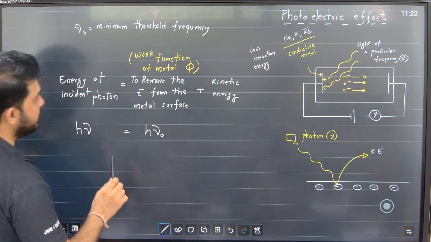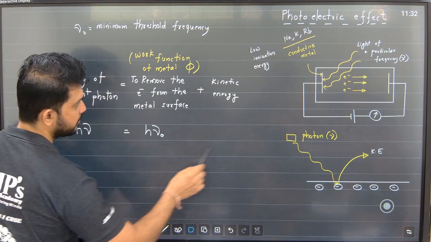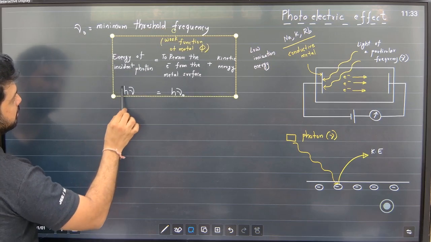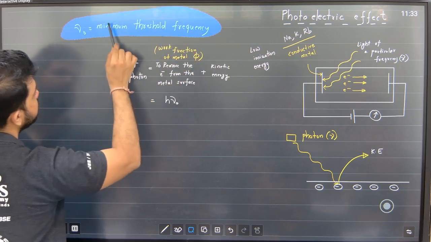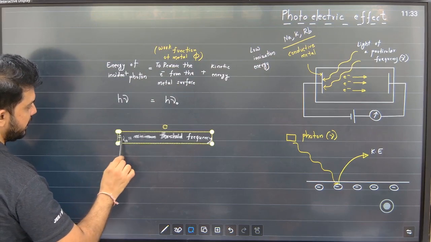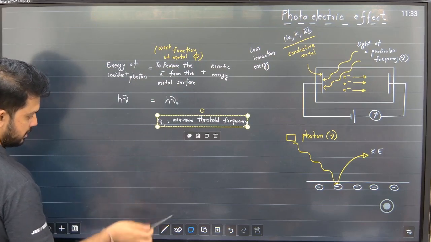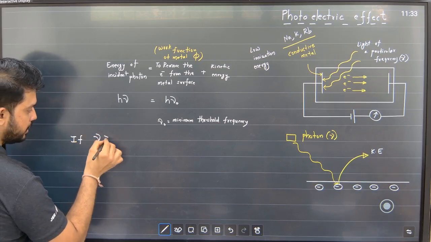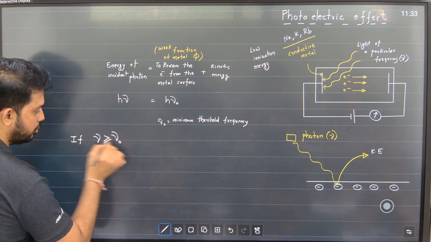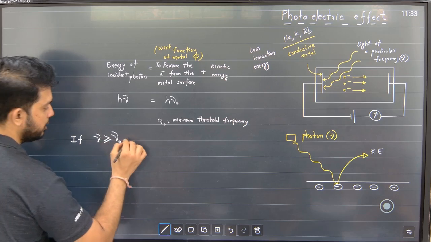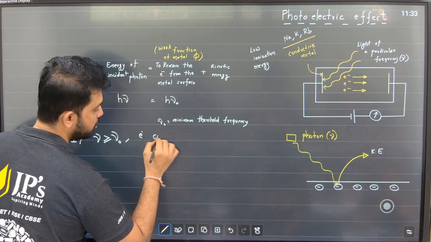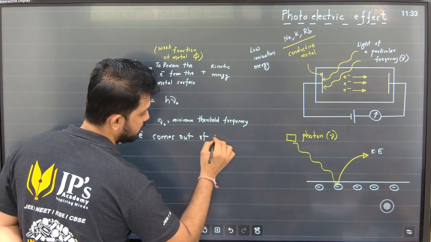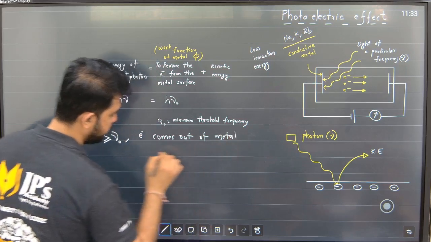It is only when nu, the incident light frequency, is greater than or equal to the threshold frequency that electrons come out of the metal surface.